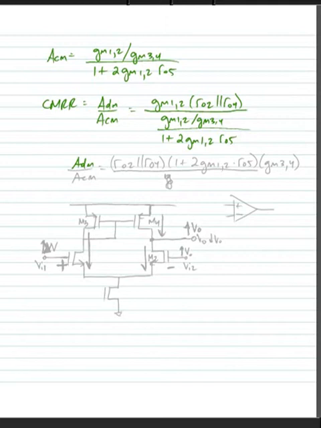Or, simplifying this expression, we see that it's ro2 in parallel with ro4 times 1 plus 2 gm1,2 times ro5 times gm3,4.